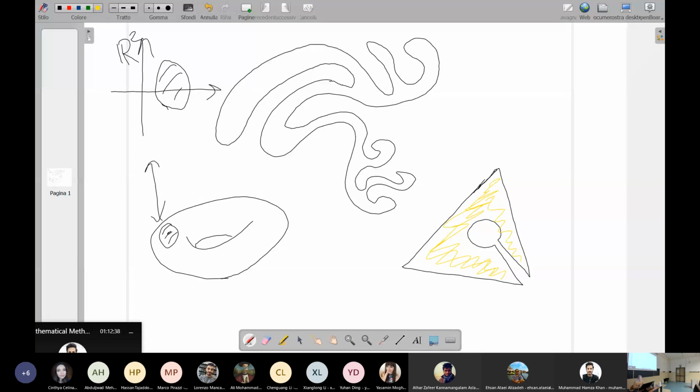And so it is also deformable into a square, into a disk.